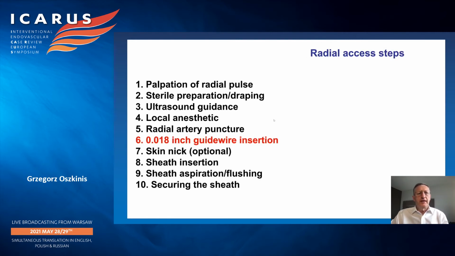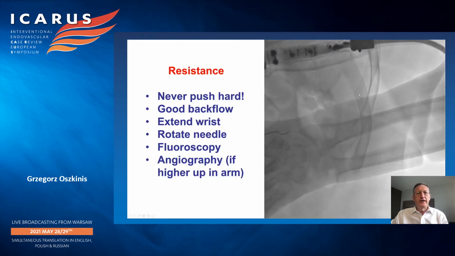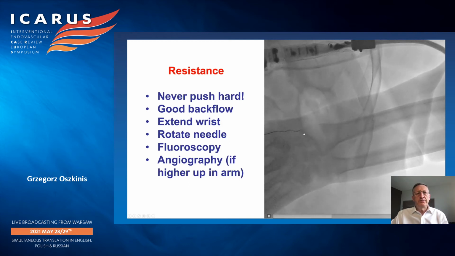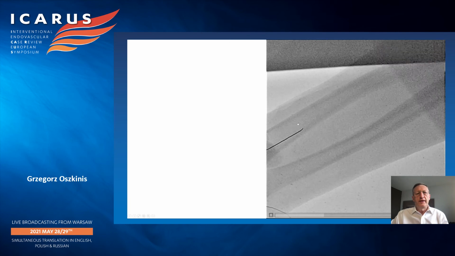From the beginning, we use 18-inch guide wire, and we try to put the guide wire under the fluoroscopy. It prevents the damage of the radial artery, because sometimes it's difficult, especially in situations when the radial artery is small.